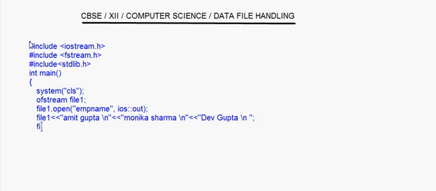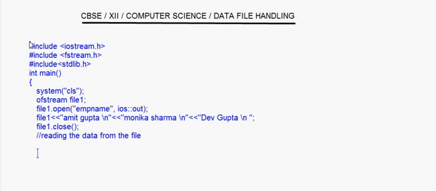Okay, after this I want to close this file because I have already written into the file. Now I want to close this. Now once you have written this into the file, now comes the reading part, reading the data from the file.